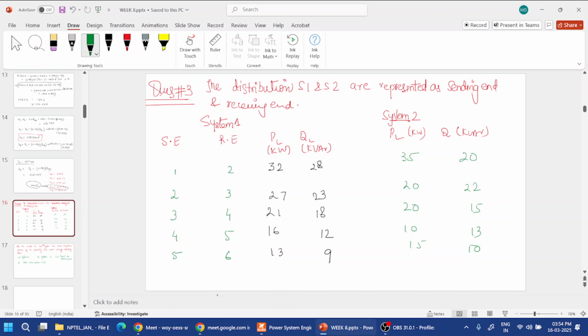So basically the question is asking, which of the following has the worst voltage stability index? I will give you a minute to think upon that. You have to give me the answer on which system has the worst voltage stability index.